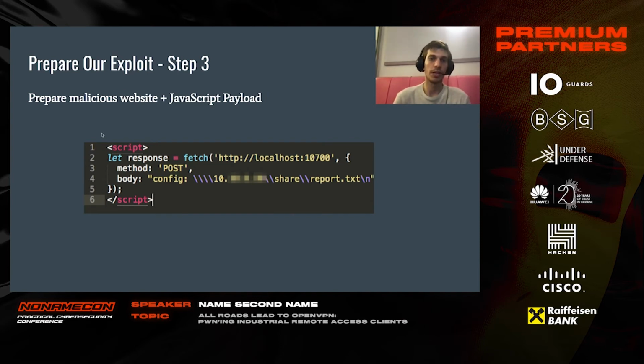So we prepared a JavaScript that sends an HTTP request using the POST method, and the body of this request was config, according to the vendor Perfect protocol. So config, and then the OpenVPN configuration file that we hosted on our controlled remote server, the SMB server.